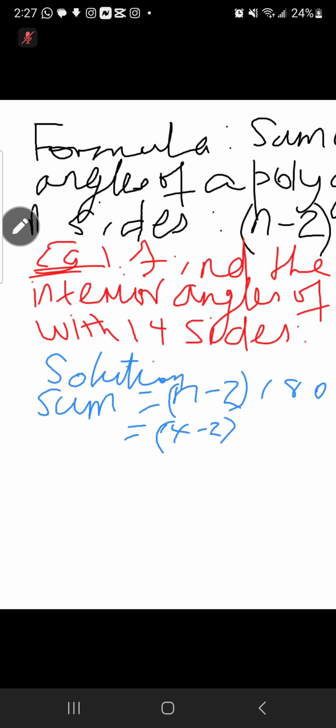Let me erase this and write it clearly. 14 minus 2, and your 180 outside. And then you do your simplification now. So that is going to be 12 times 180.